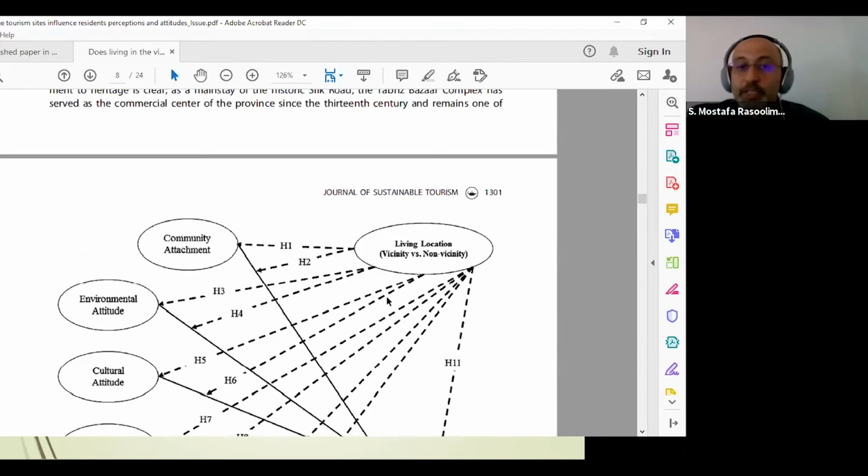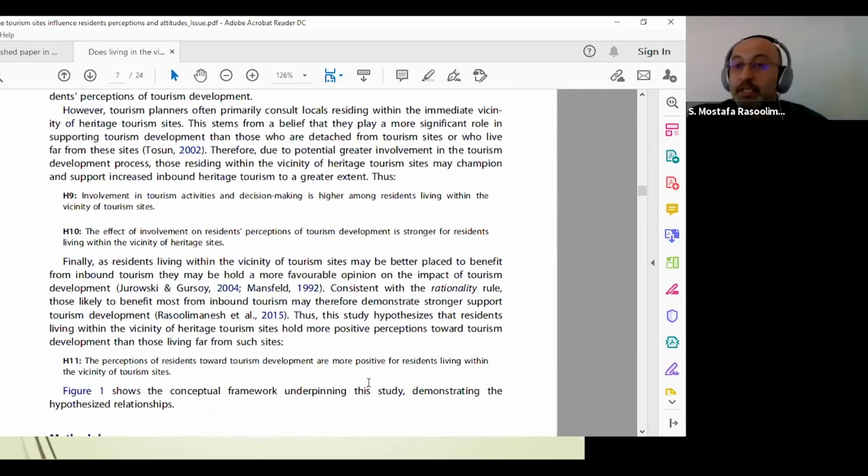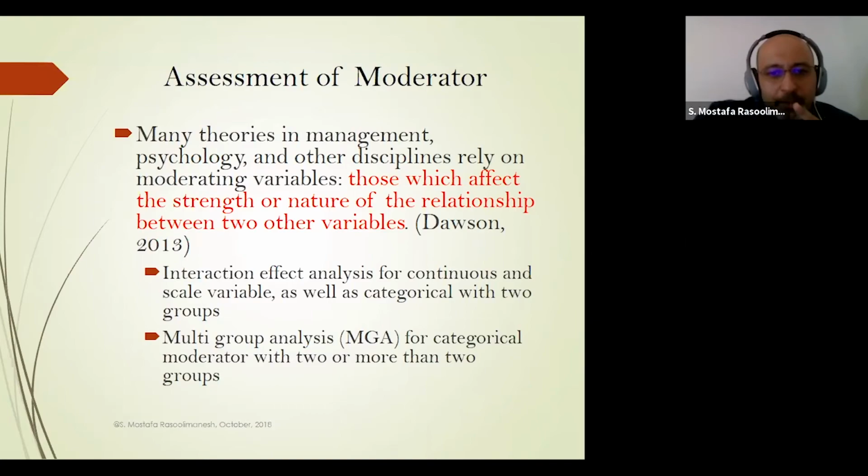Okay, so these are two ways for a moderator hypothesis. Any question? Methods for assessment of moderator. One way is creating an interaction effect and analyzing its significance.